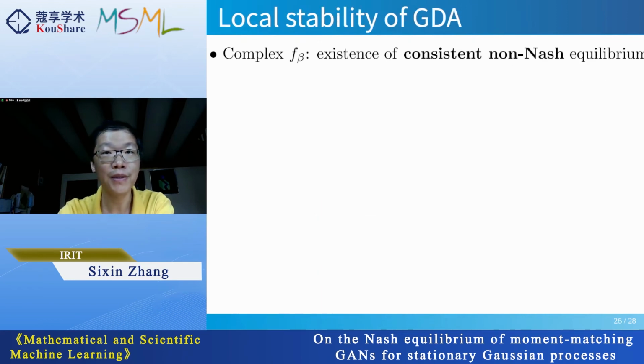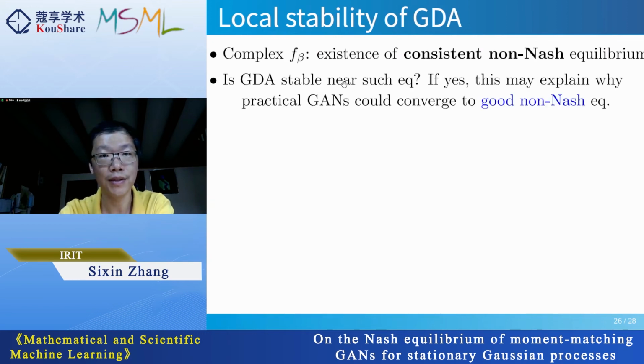Now, for the local stability with the complex discriminator beta, we can still expect that the gradient descent algorithm may be stable near a non-Nash equilibrium. It can happen, but it depends on the Gaussian structure.